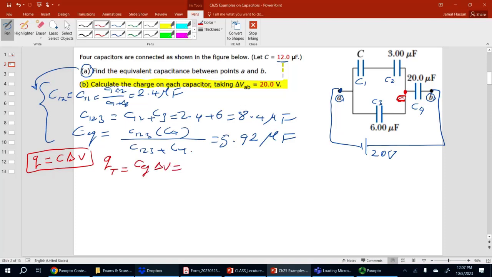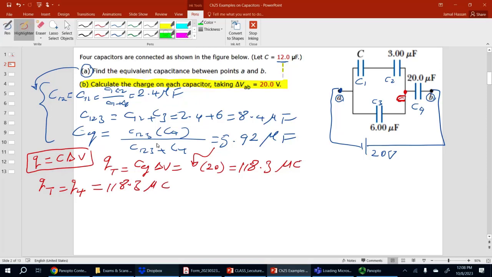So this value multiplied by 20 volt is equal to 118.3 microcoulomb. Because C4 and the combination of C1 to 3 are in series, the Q total in fact is equal to Q4. So we already know Q4 is equal to 118.3 microcoulomb. Good, so we're done with one of them.